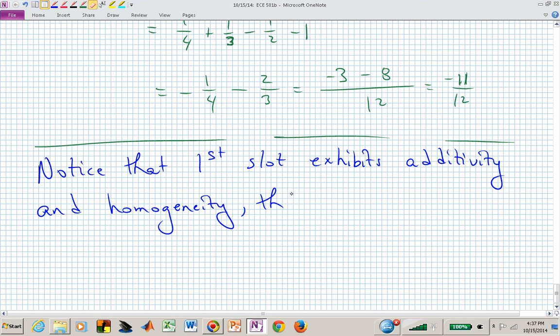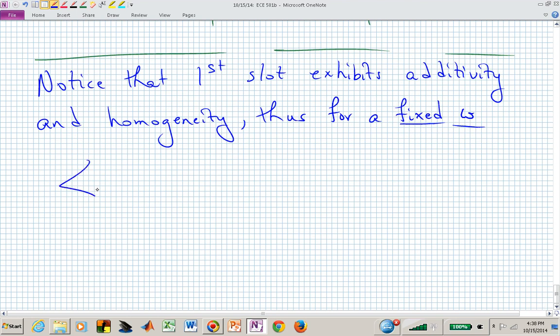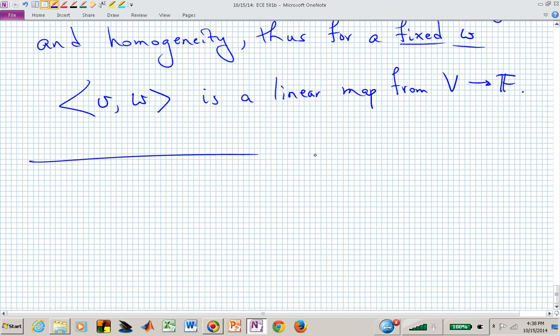Thus, for a fixed vector W, no matter what we pick for V, we use the same W, the inner product of V with W is now a linear map from the vector space V into the field of numbers F. So if somebody wanted a linear map, they could create one by just using an inner product and specifying the vector in the second slot.